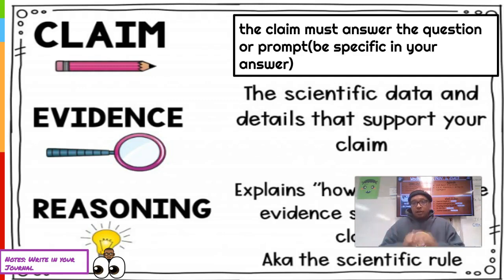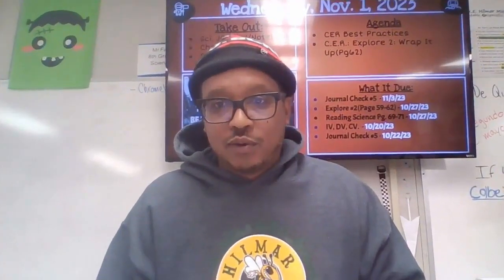Once you've done that, pause this screen, and then go take a look at your CER that you're working on right now. The one that we're working on is on page 62, but whichever CER you're working on, take a look at that and ask, what is my question? And does my claim actually answer my question?